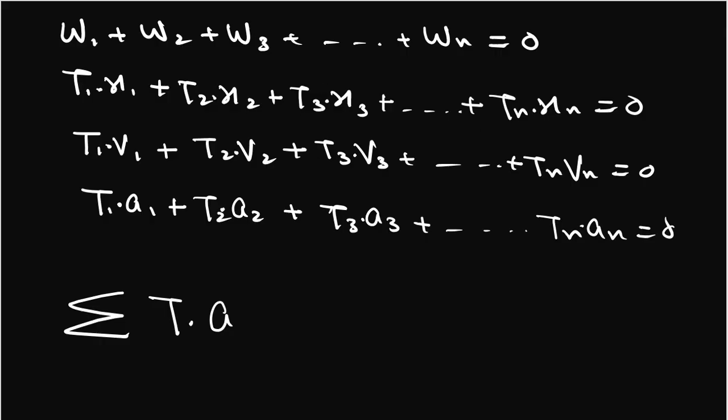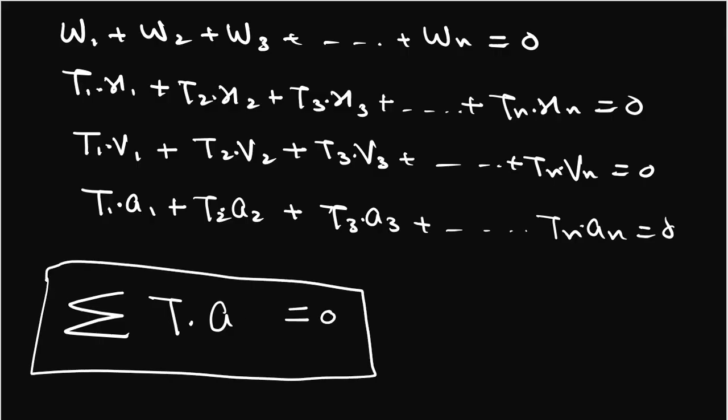Here we are writing without the dot, because we know that both are either in opposite direction or same direction. So if they are in opposite directions, we have to add a negative sign, or if the same direction, a positive sign. So sigma T dot A is equal to 0. This is the equation which we were searching for.